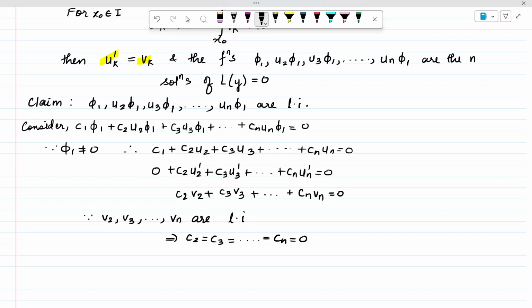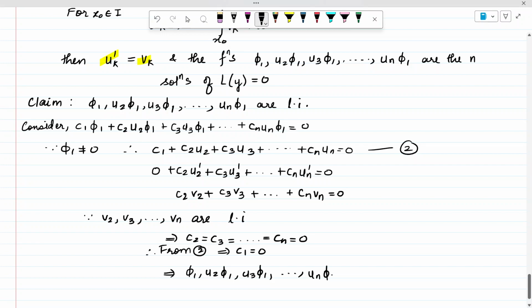And if these are 0, and I put them back in, say, equation number 2, if I'm not wrong, I will get C1 is also 0. Because C1 plus 0 is equal to 0, right? So this implies phi 1, U2 phi 1, U3 phi 1, and Un phi 1 are all linearly independent.